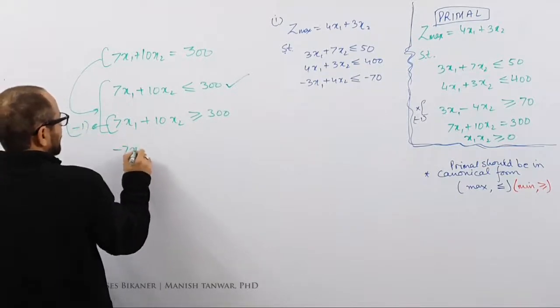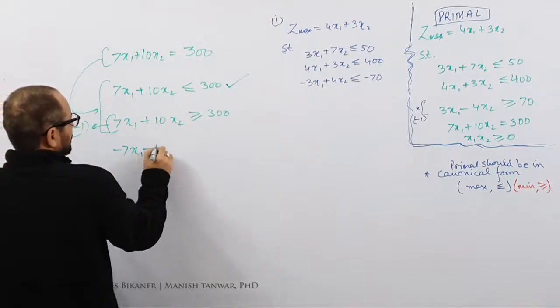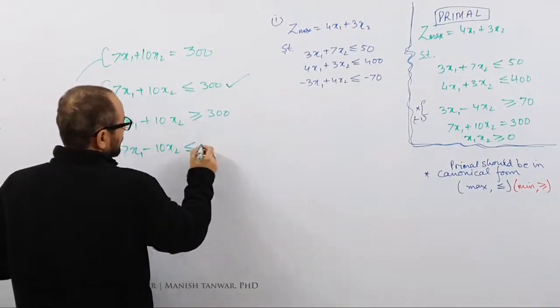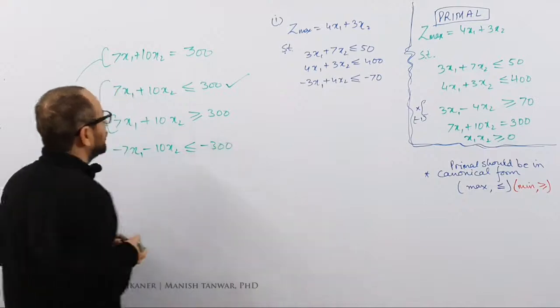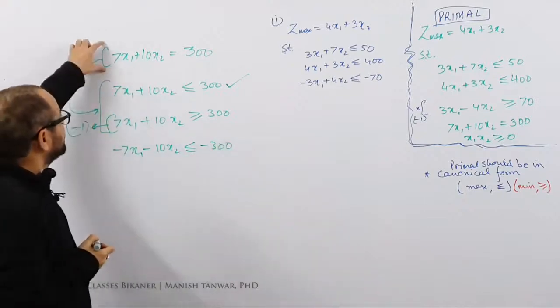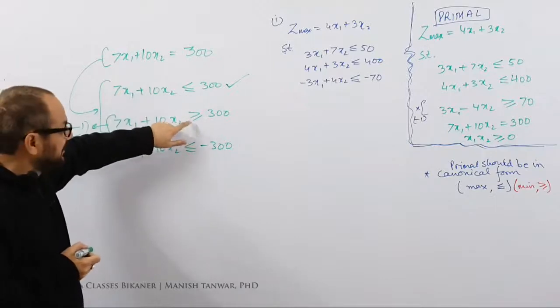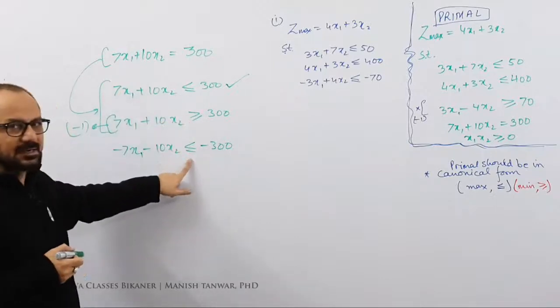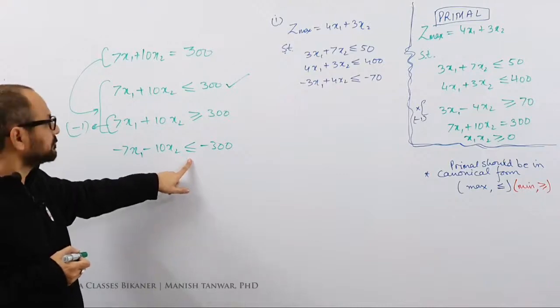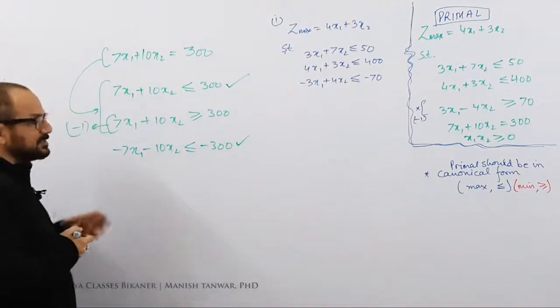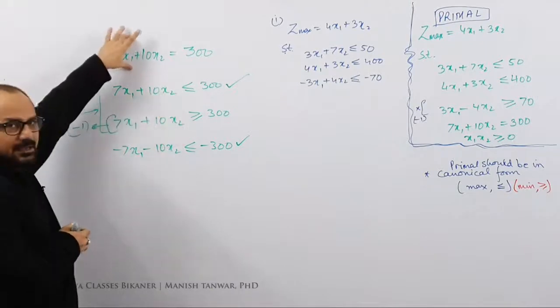Multiplying this by minus 1 becomes minus 7x1 minus 10x2, greater than becomes less than, minus 300. I split the equality into 2, that is less than and greater than, but greater than is not allowed, so I converted that greater than into less than. So these two are my valid constraints, a valid split of my equality.